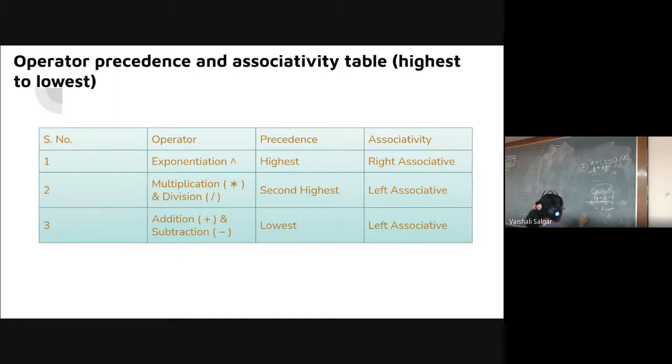All your plus, minus, multiplication, division are left associative, whereas exponential is right associative. I hope this is clear to you. Any difficulty? I hope you have understood right associativity, precedence, left associativity and all that.